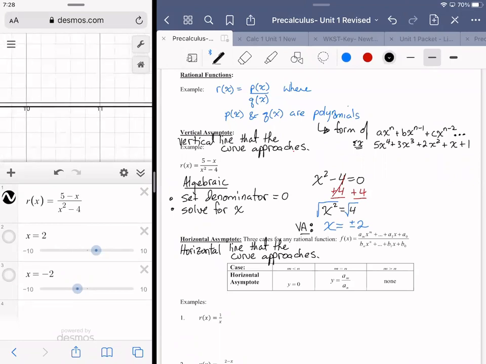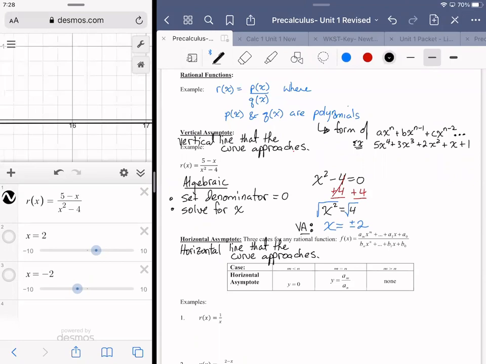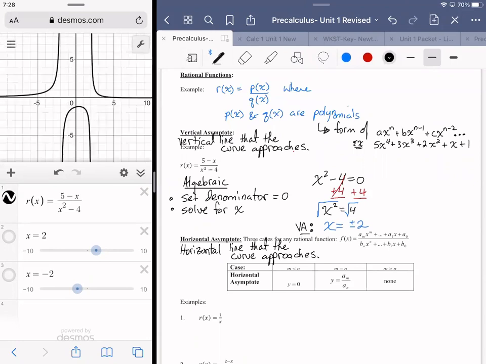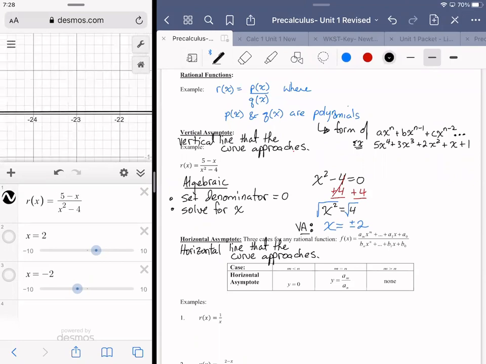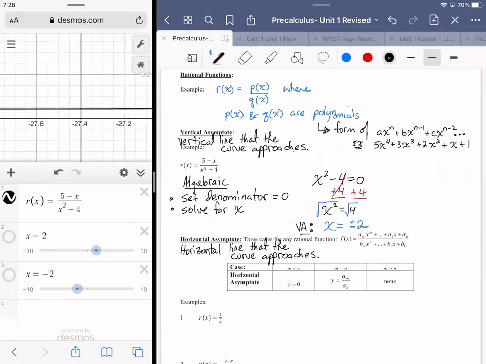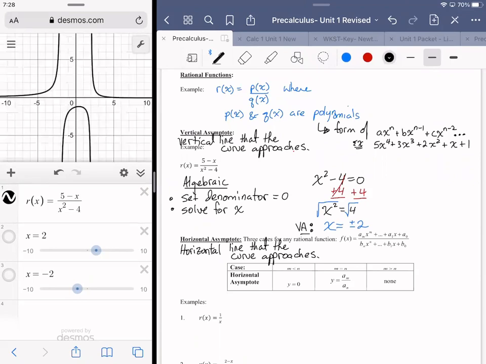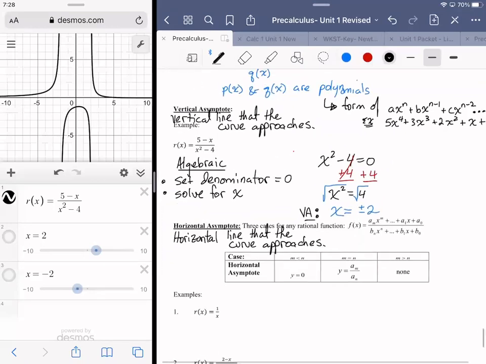It looks like it might be approaching the x-axis, but I'm not 100% sure. On this side, maybe you say, yeah, it could be approaching the x-axis, but I'm not 100% sure, but at least you're suspicious. You look at it and say, okay, whatever it is, it's somewhere in the neighborhood of the x-axis.